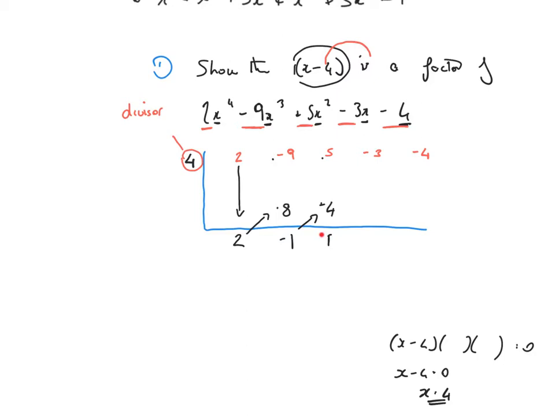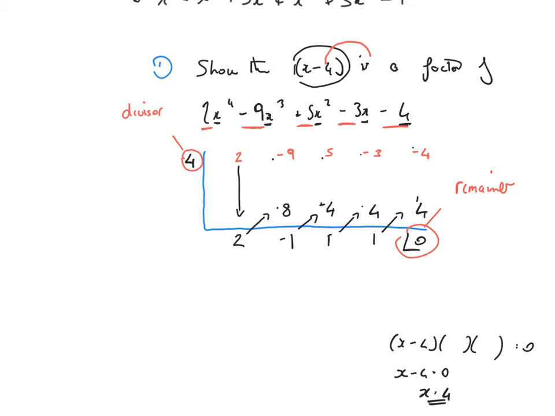You repeat the process, so it's now going to be 1 multiplied by 4, which is 4. 4 minus 3 is 1. Follow the pattern again. 1 times 4 is 4, and then 4 minus 4 is 0. This bit we call the remainder. Since the remainder is equal to 0, we know that it's a factor.